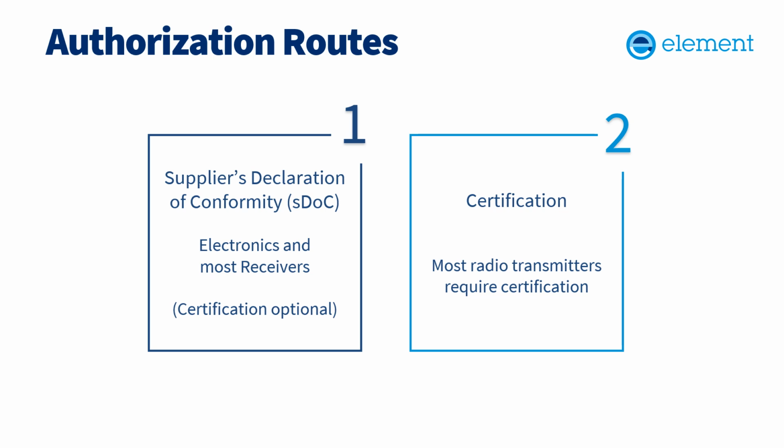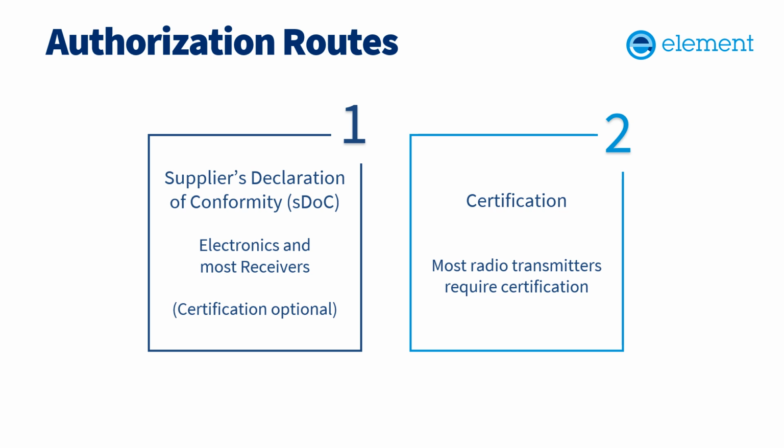Unlike Europe, when we say Supplier's Declaration of Conformity, it's not a physical declaration that manufacturers do, it's just a process that they follow. So in Europe, the manufacturer has to sign a piece of paper that says, I declare that this is compliant. That's not the same for North America, or sorry, for FCC. The SDOC route is just a process which is followed.